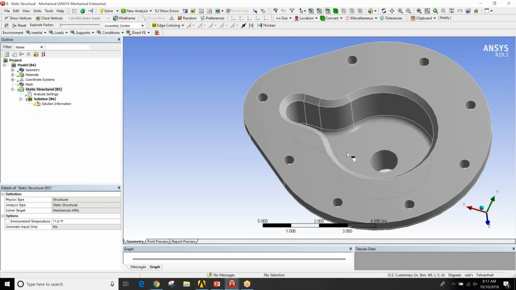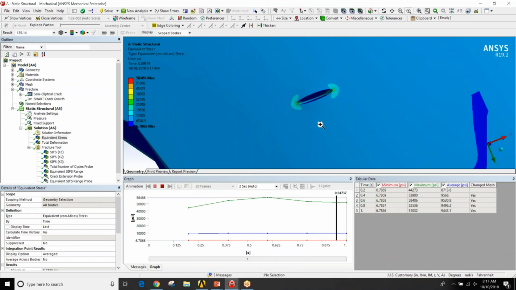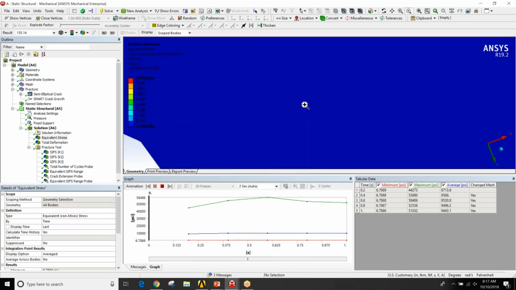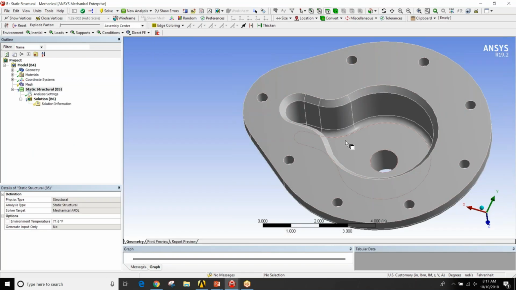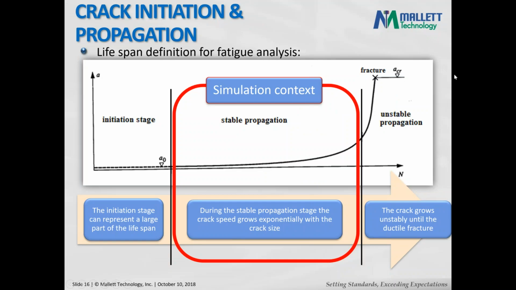We took this part and put a crack right over here, and that's what we are seeing here. We are seeing the crack propagation of that crack that started initially at the bottom of this part here.